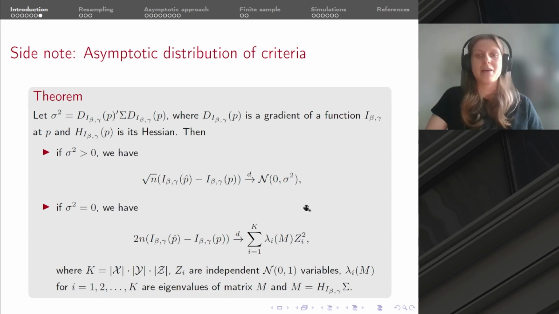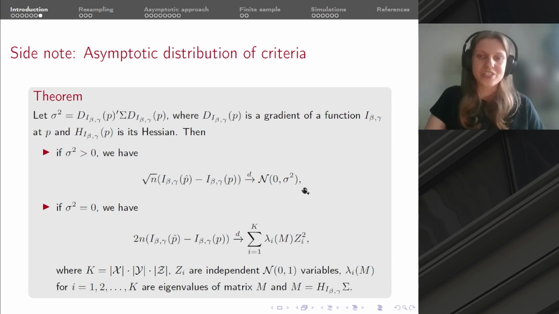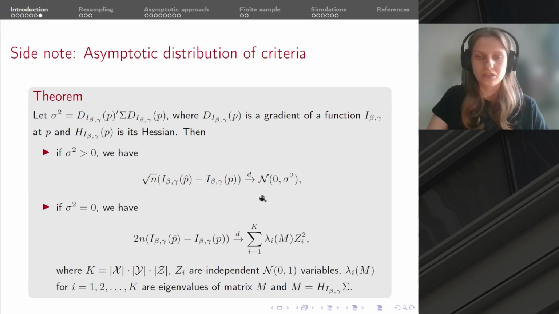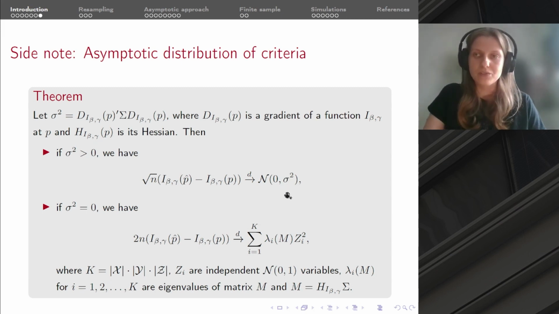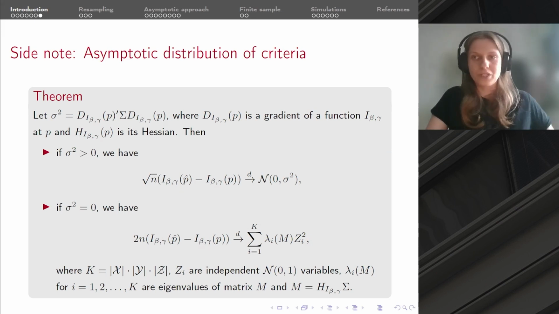So here is the same theorem for the criteria. And as you can see, there is a problem that we don't know the exact distribution. It can be either normal or weighted chi-square. We don't know the parameters of the distribution. For example, here is sigma square, which is not known, and it depends on the distribution, but we usually don't know the distribution of our data.